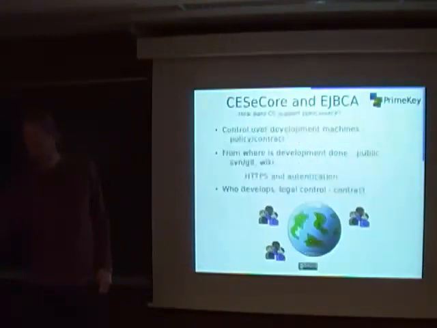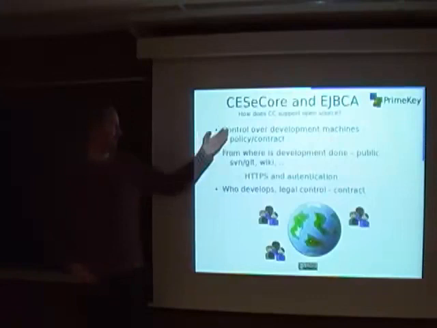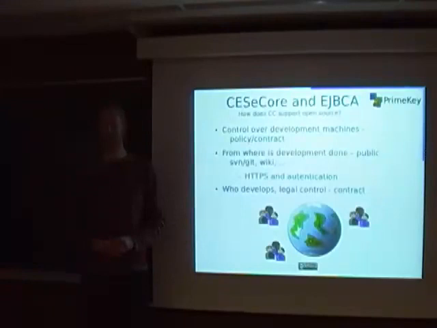So, what can we do as an open source project? Well, to claim to have control over development machines, we have a user responsibility policy that all committers must sign. It's nothing special. It just says basically that yes, I have some malware protection, some firewall, etc.